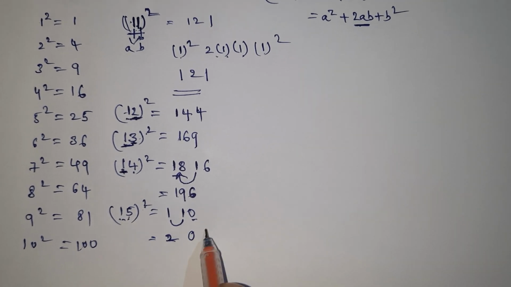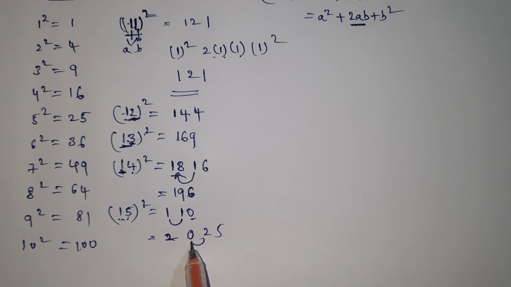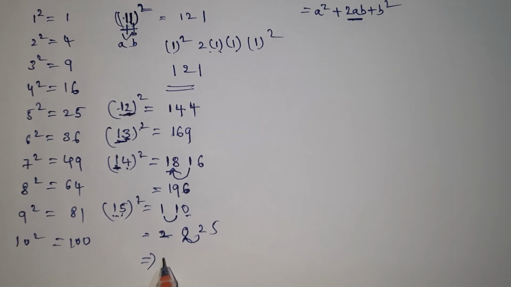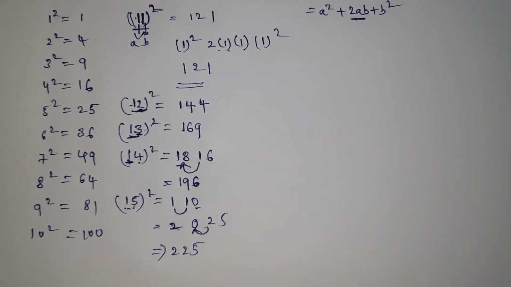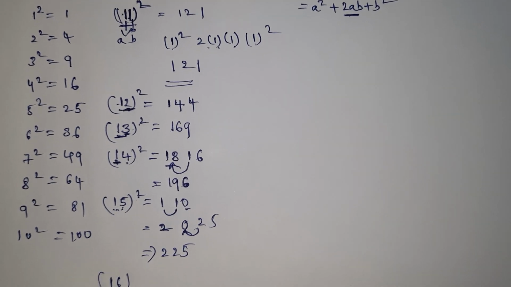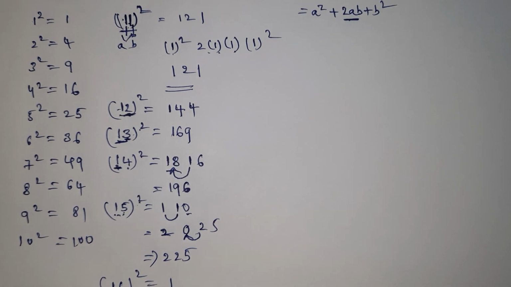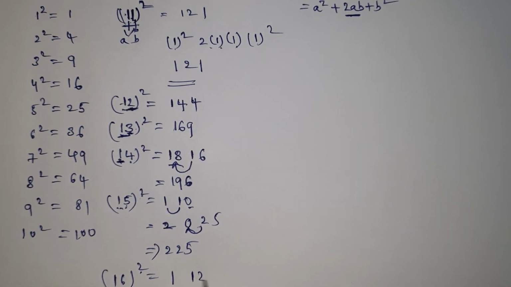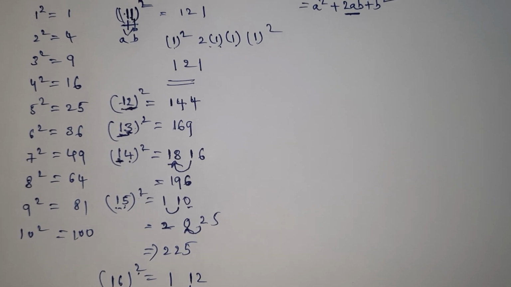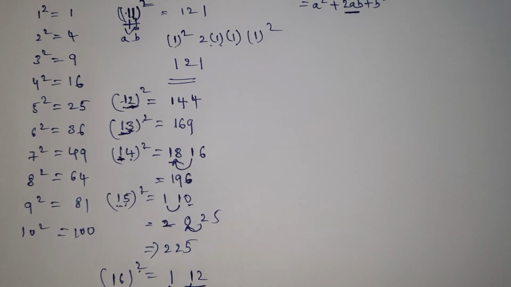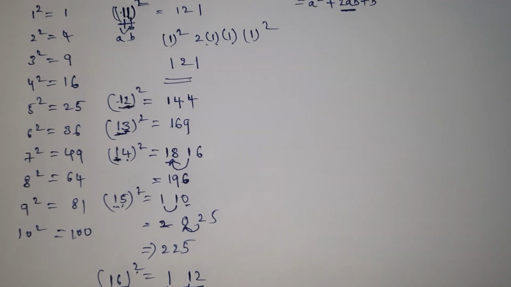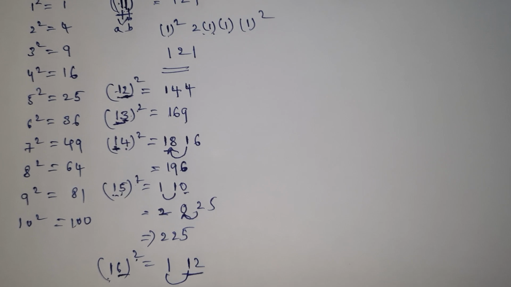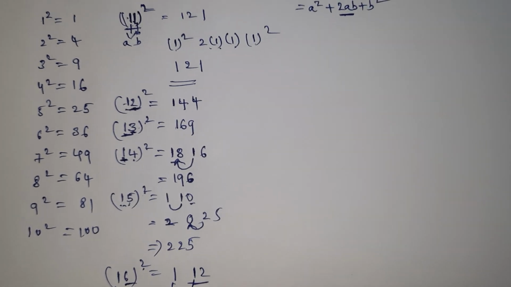And 5 square means 25, and add this 2 carry, so 225. 16 square. Again 1 square 1, 2ab 2 into 6 into 1 is 12. In this 12, 1 is carry, adding to 1 makes 2, 22. Now 6 square 36, this 3 is added to 22, so 25. So 256 is 16 square.